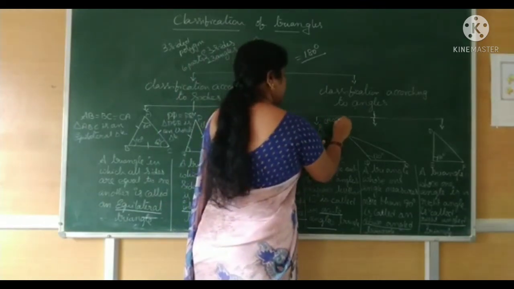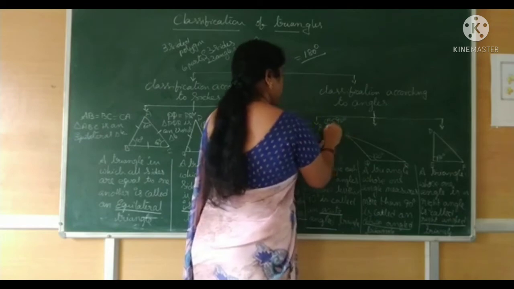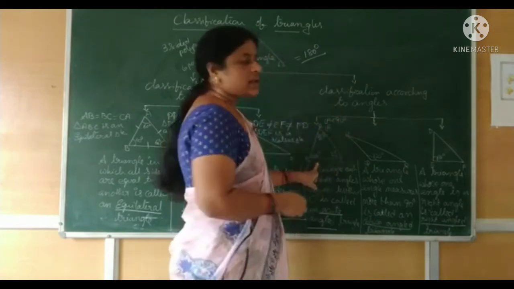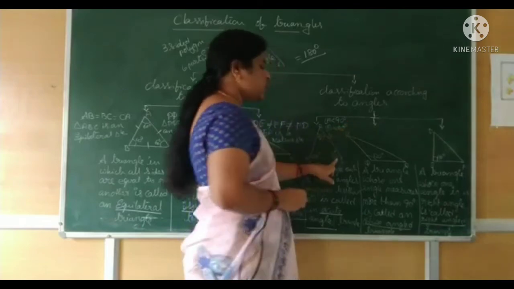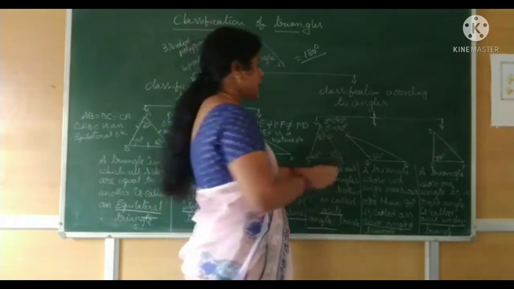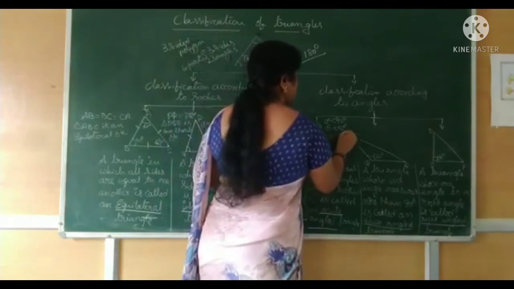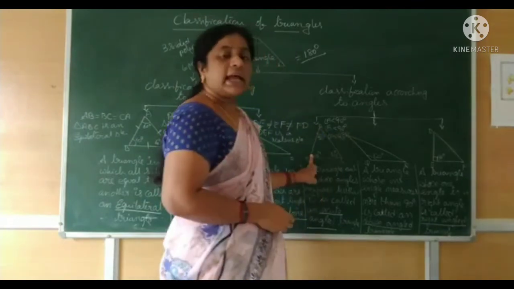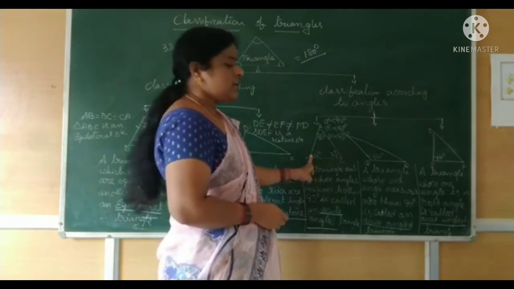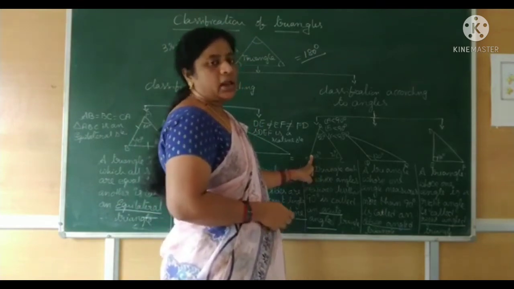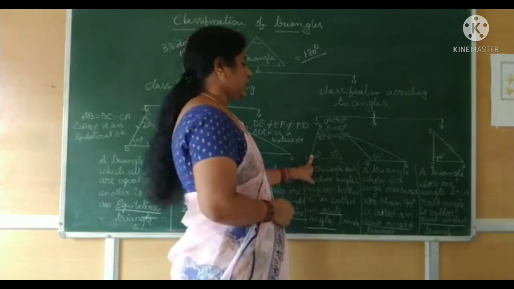Angle B is 60, also less than 90. Angle C equals 70, also less than 90. So, triangle ABC is an acute angled triangle, or simply acute triangle.